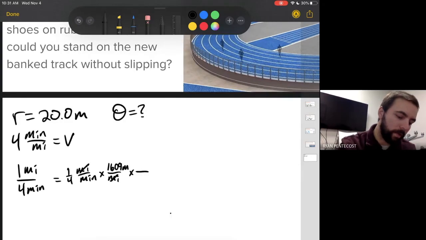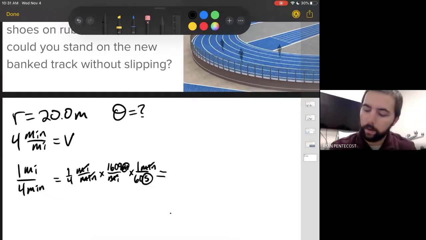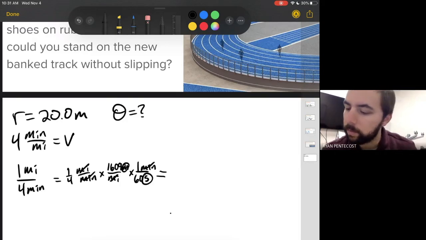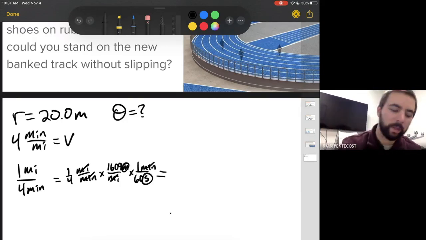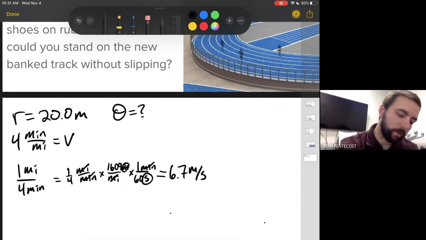Then we have 1 minute is 60 seconds. So then we will end up with meters per second here. So we take 1609 divided by 4 divided by 60. You get 6.7 meters per second. Okay, so we will use that for our velocity.